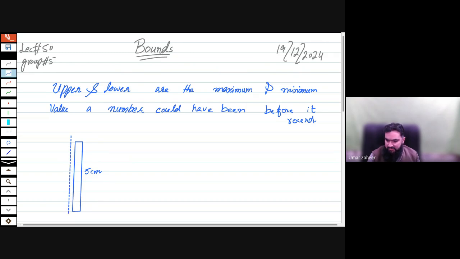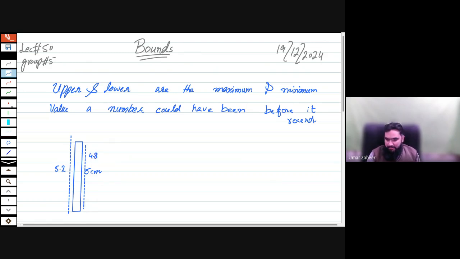Means the length of this rod can be, let's say, 5.2 or it can be 4.8.